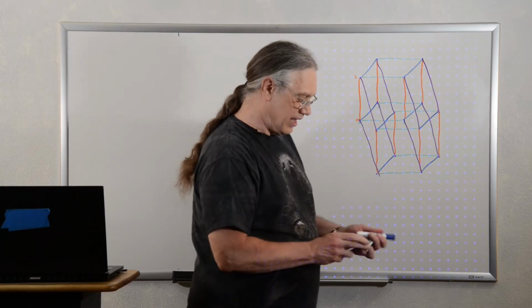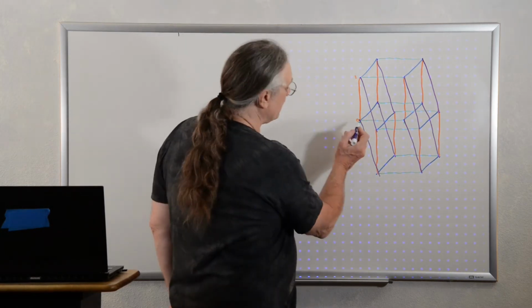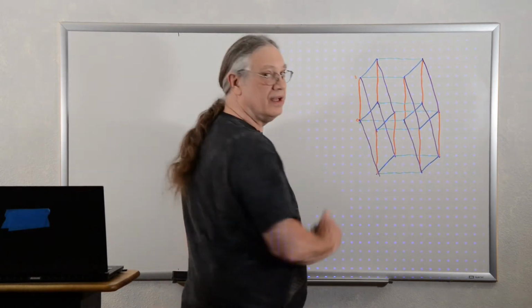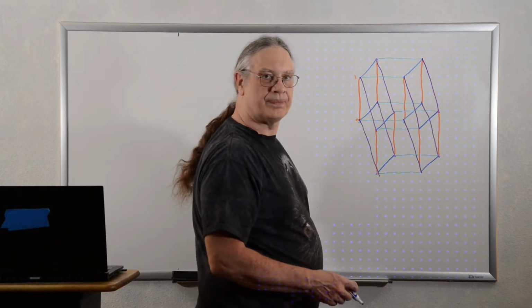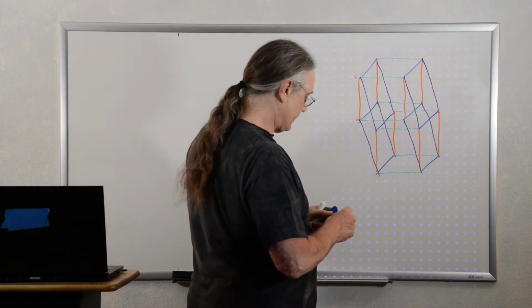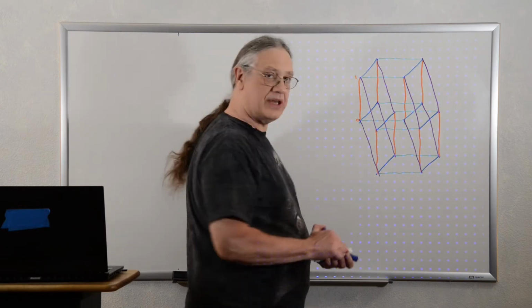And so we have x, y, and z, but now we also have 0 to 1 for the next axis, the q-axis, for example. So how do we go to the next dimension?